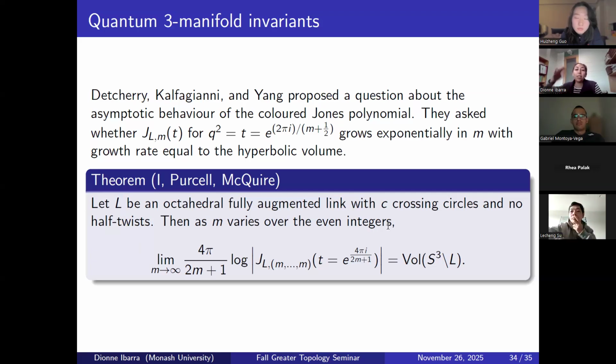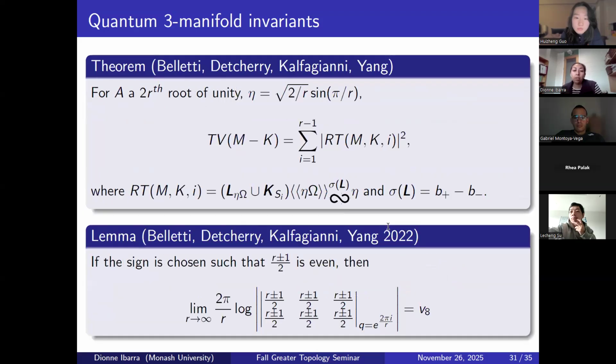The thing is, there's some weird things going on here. This choice in sign has to do with whether r is, I forget, 3 mod 4 or 1 mod 4.